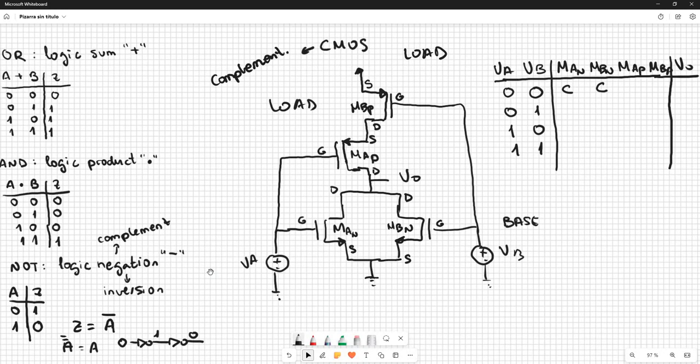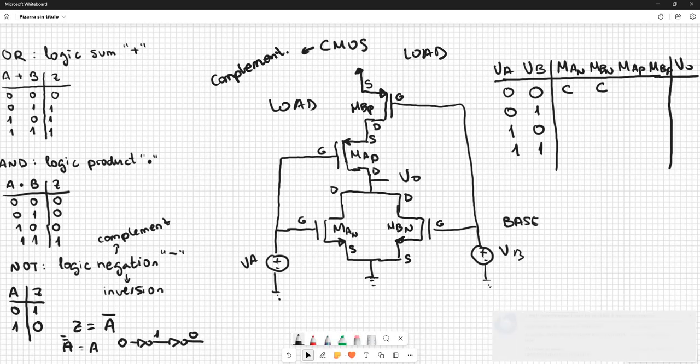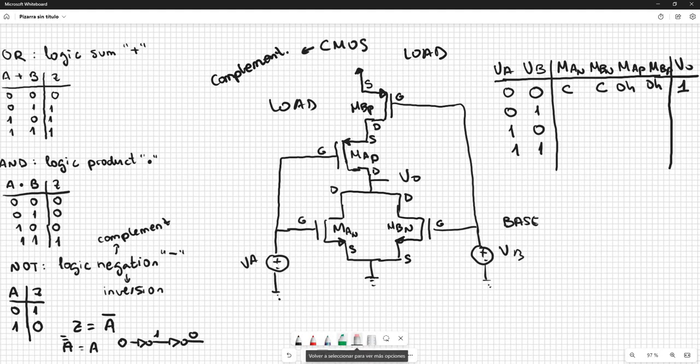So in the first case, both are in cutoff, so their complementaries are going to be in ohmic. And what does this mean? It means that the output is going to be 1. Why? Because we can use the graphical method of the waves.